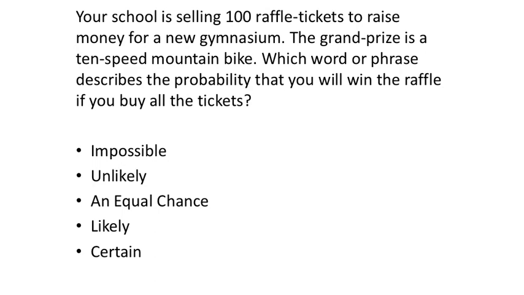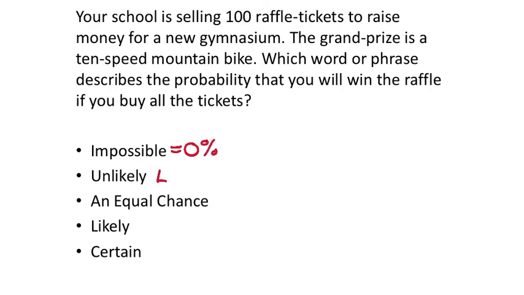This one says your school is selling 100 raffle tickets to raise money for a new gymnasium. The grand prize is a 10-speed mountain bike. Which word or phrase describes the probability that you will win the raffle if you buy all the tickets? So just as a quick reminder, remember that impossible means that there's exactly a 0% chance.